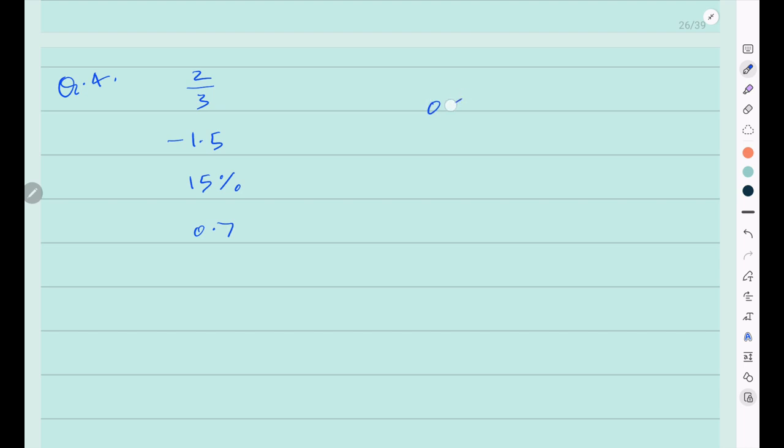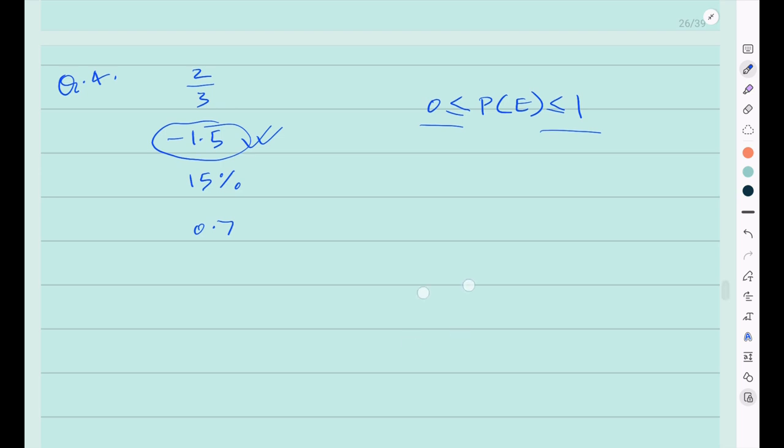We already saw that any probability should lie between 0 and 1. Which option lies outside 0 and 1? This one, because it is negative. Probability cannot be negative. So minus 1.5 is not possible.